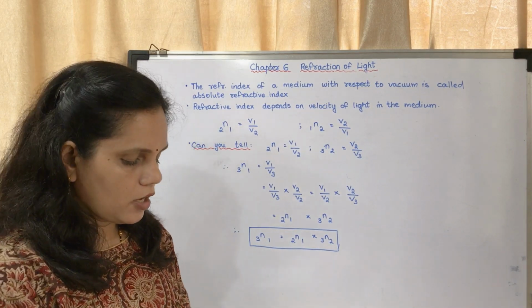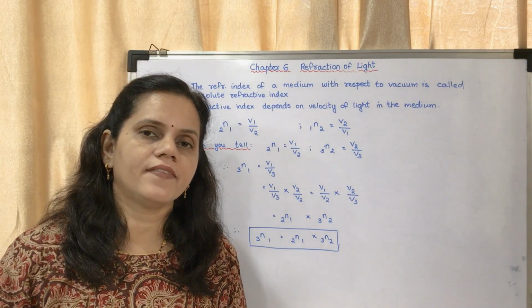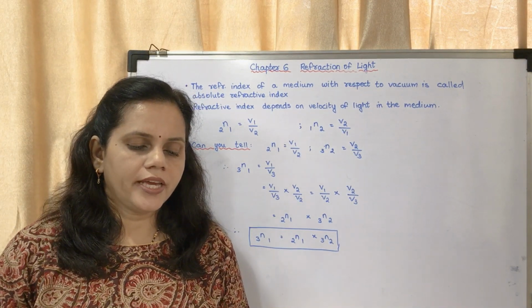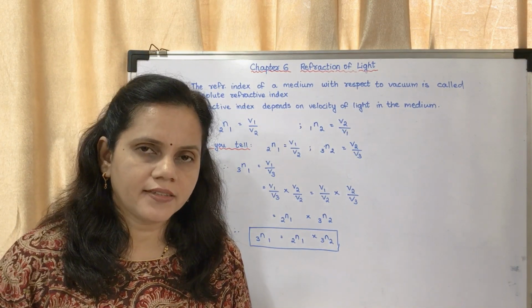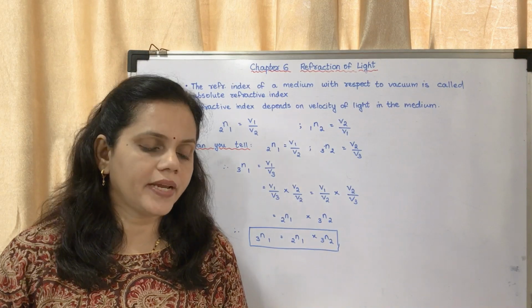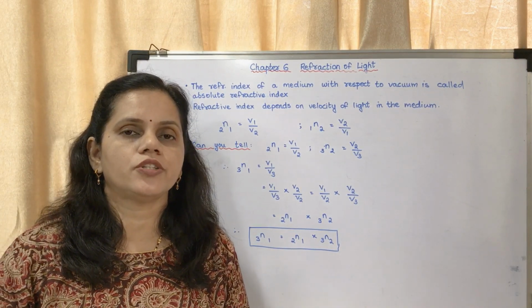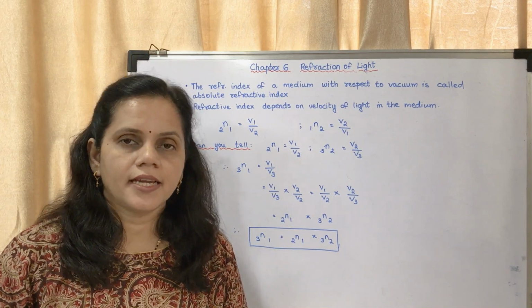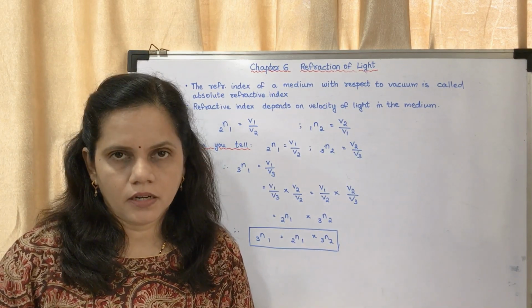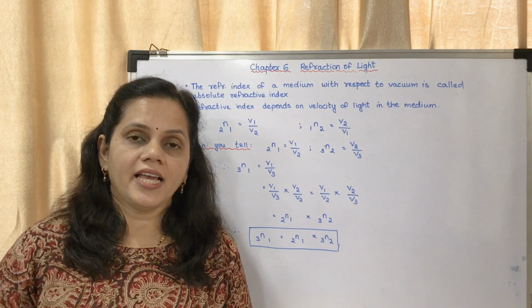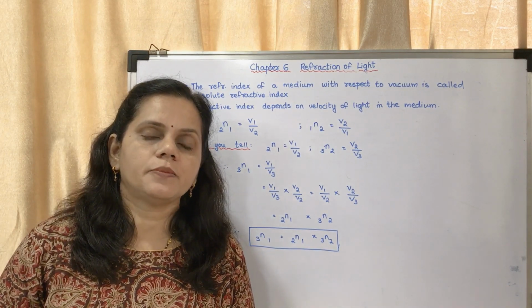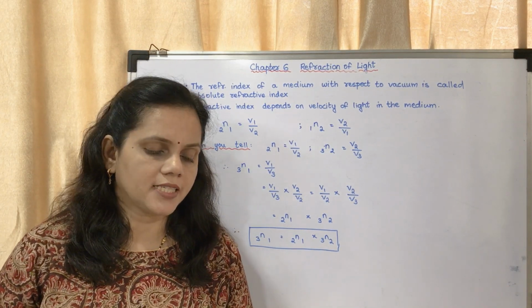You may see on page number 75 they have given a table showing the absolute refractive indices of some media. For air it is 1.003. For ice it is 1.31. That means for ice, you consider the light is passing from vacuum to ice.